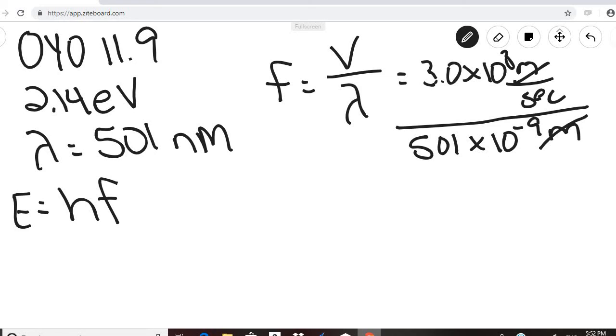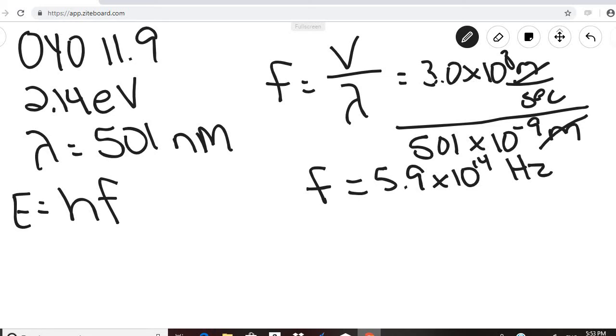You'll be left with 1 over meters, or 1 over seconds, which is a hertz. So for this, you should get 5.9 times 10 to the 14 hertz.